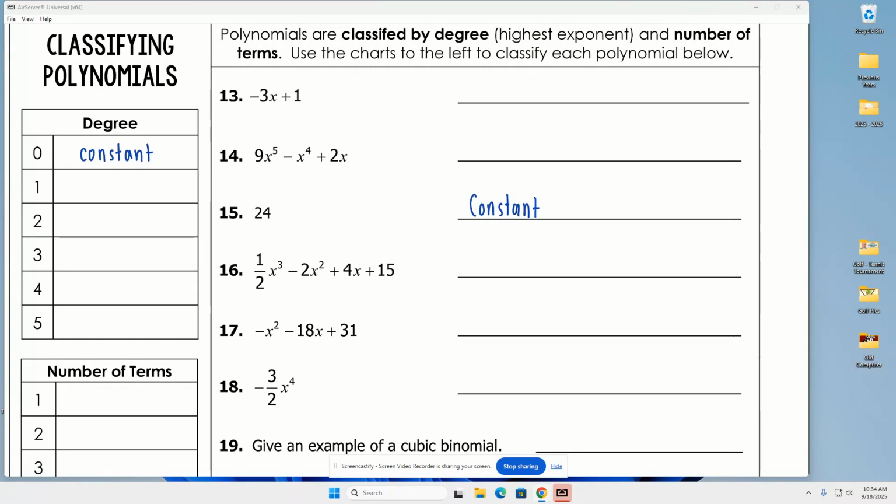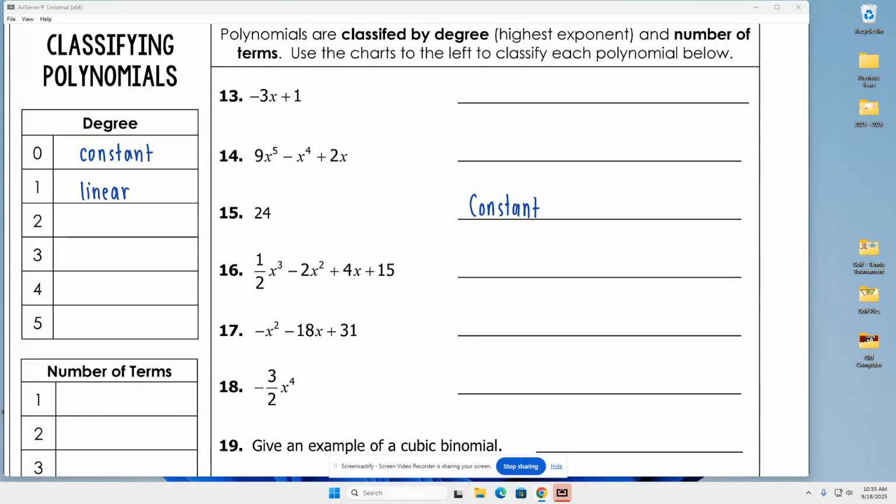Think about Algebra 1. Didn't you deal with a lot of just like 3x minus 12? Or 1/3 x plus 7? What were those? They were lines. So if your degree, if your biggest exponent is a 1, it's what we would call linear.